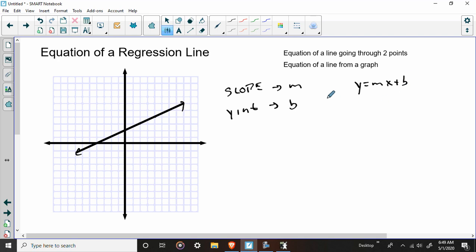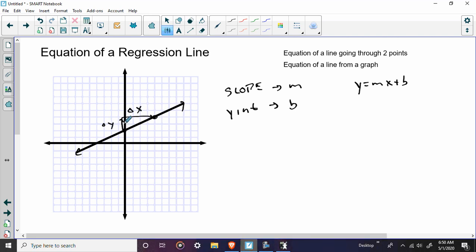Okay? So again, let's start by looking at the slope. So what you need to do is you need to take 2 points. Take this point right here, and I take this point right here, and say, how many spots did I go up, and how many spots did I go over? Okay? I need to express that as a fraction. We typically call that the rise over the run, or the change in y over the change in x, right?